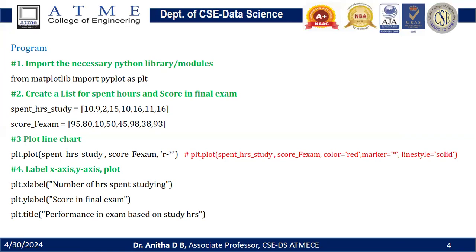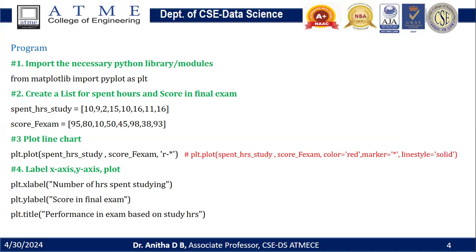Then the third step is plot line chart. plt.plot, where plot is the function available in the pyplot module. So here there are three things. One is the library, the second one is the module, and the third one is the function. Pyplot is available in the matplotlib library and plot is available in pyplot.